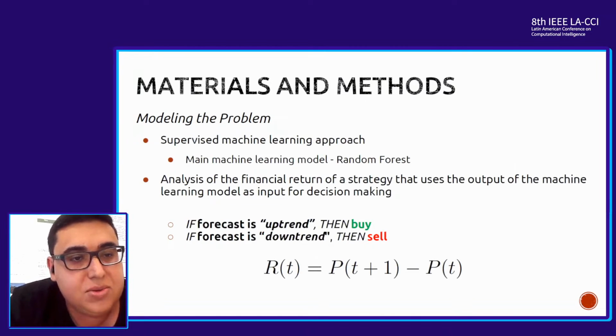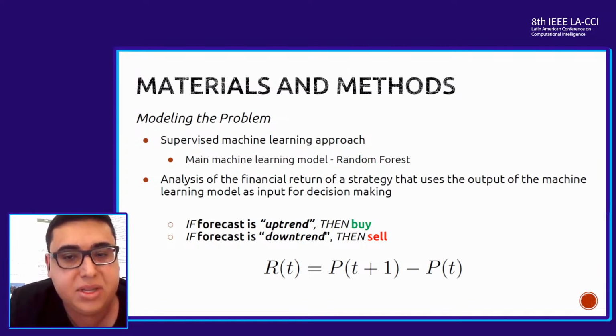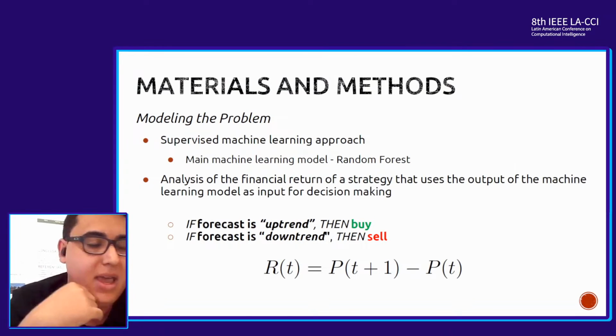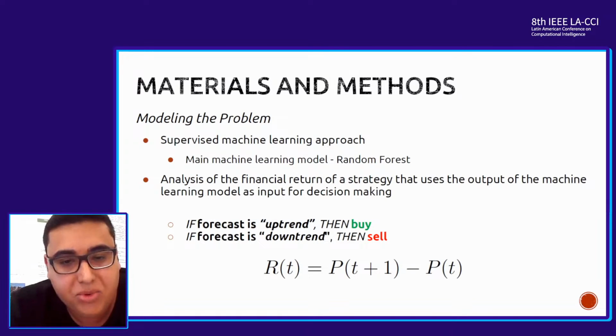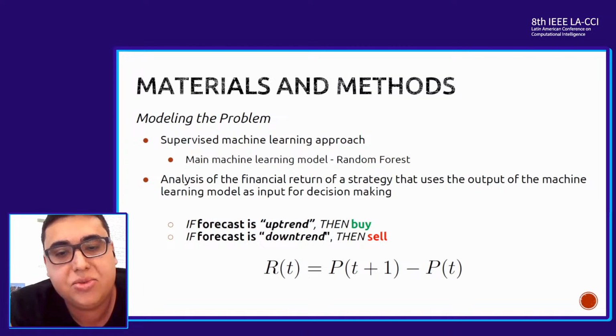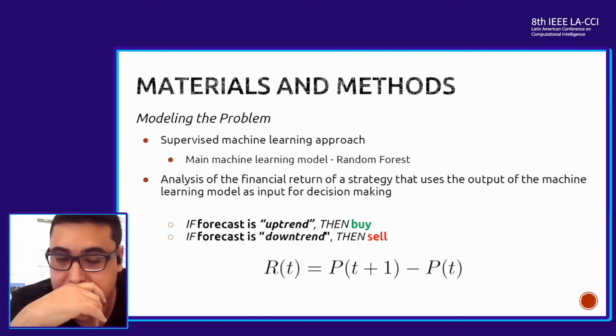To deal with this, we created a supervised machine learning approach, which uses a random forest as the machine learning model. We also analyzed the financial return of the strategies that use the output of this machine learning model as input for the decision. If the forecast is an uptrend, then we can buy the energy, and if the forecast is a downtrend, then we can sell this energy product.